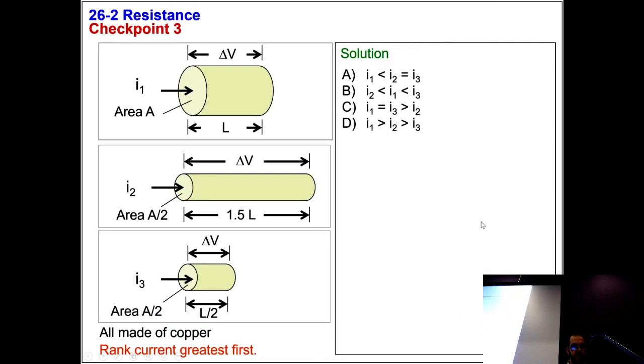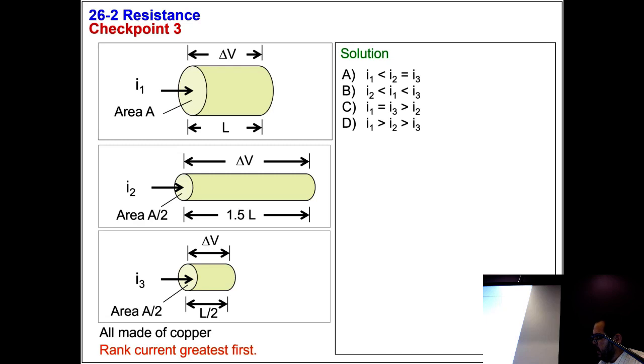Okay, next Kahoot. Look at this, and then we will move to the next Kahoot. Here we have 3 situations, 1, 2, and 3. Each one of them has the same voltage, delta V. But what varies is the area.